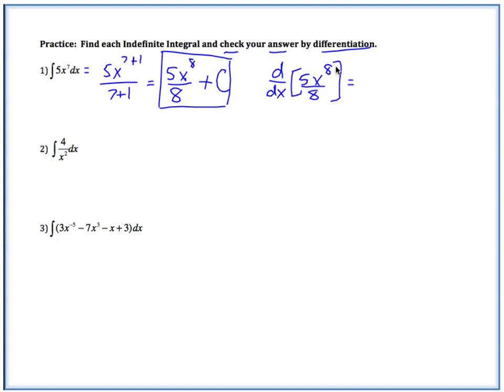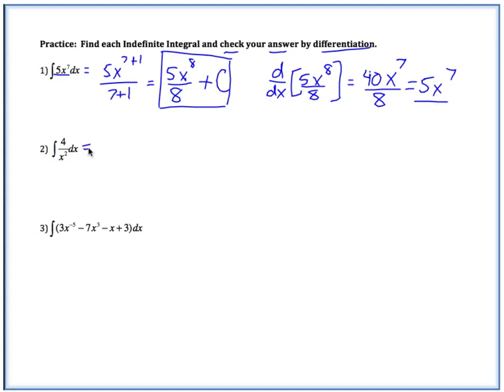Okay, so we know we have to do 8 times 5, which is 40. And then we have to subtract the 1, so to the 7th, and then we still have that divided by 8. So 40 over 8 is 5x to the 7th. And you can check here that that was our original answer. So we know that this has to be the antiderivative because the derivative of it is the 5x to the 7th.